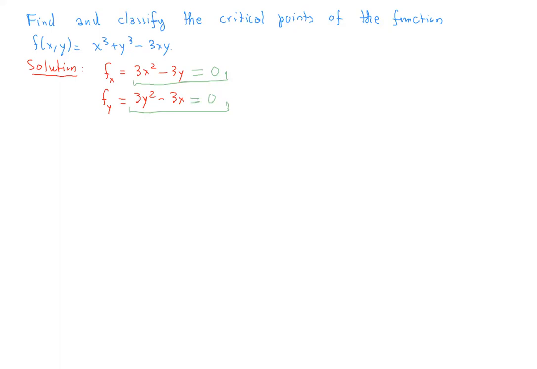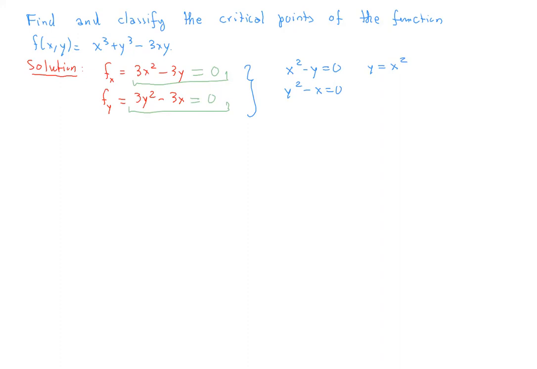So first of all, we can slightly simplify the system by dividing through by 3. So we have x squared minus y equal to 0, and y squared minus x equal to 0. And if we take the first equation, we can write y is equal to x squared, right? So now, what did we say?